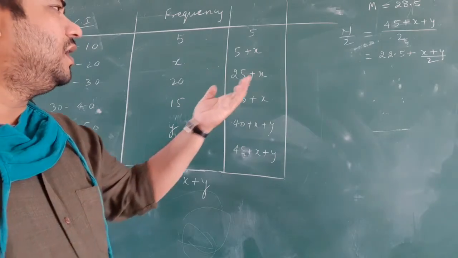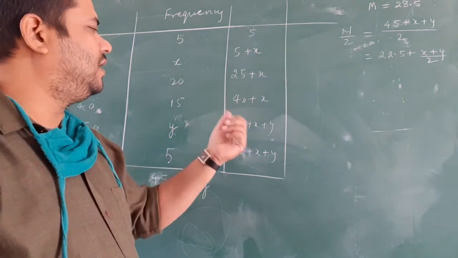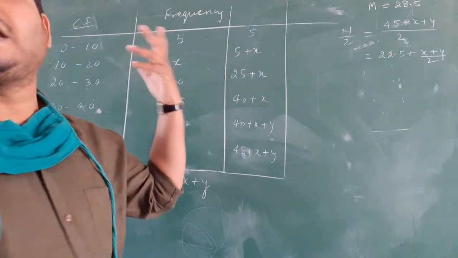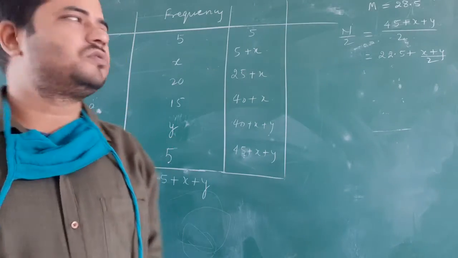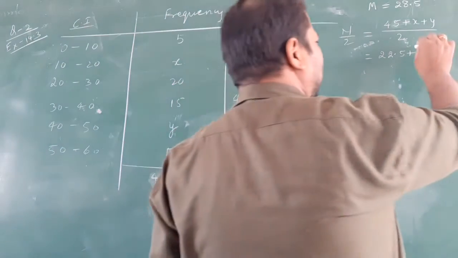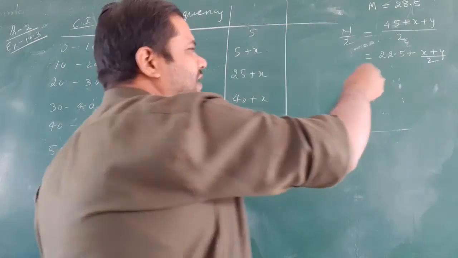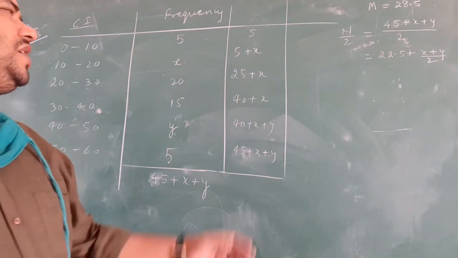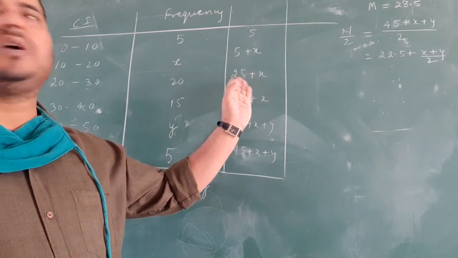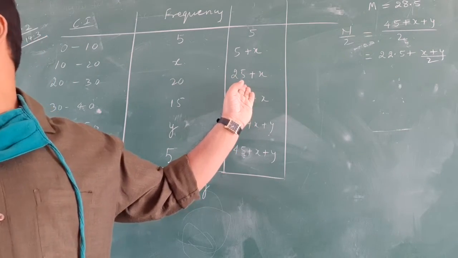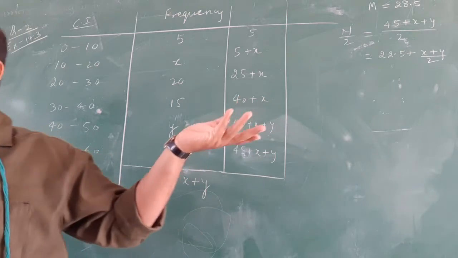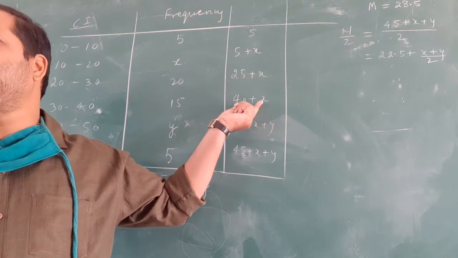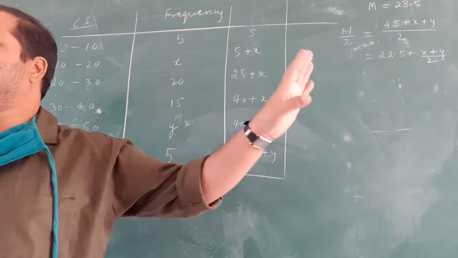Now see, which one is the median class? We don't need to see the x plus y part, we just see the 22.5. So 22.5 is nearest to 25. This is supposed to be the median class. If you suppose the other one is also the median class, no problem, the answer will also come.